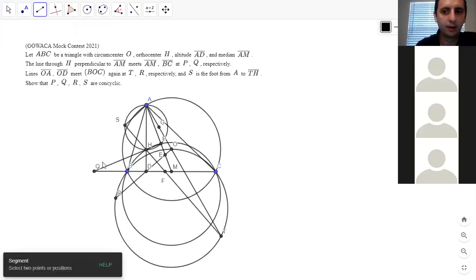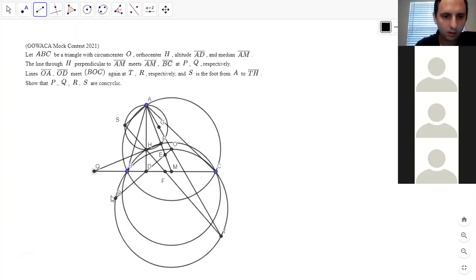It's a good find. We can prove that EF is parallel to AD, and we can prove that 5 points are concyclic. Okay, so QREF is cyclic. And now we know that QPER is cyclic.